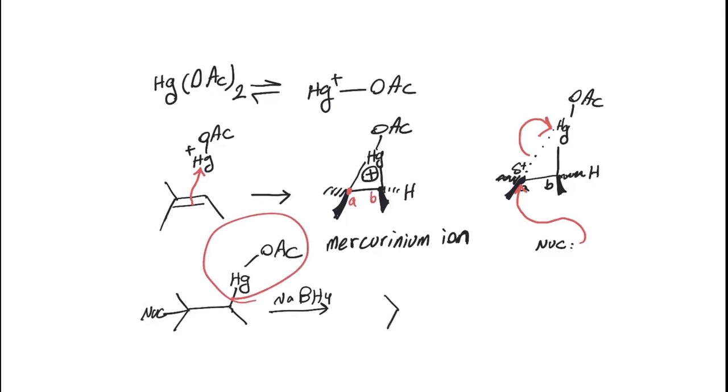We will cover it in Orgo 2, but not now. And this is the product. So as you can see, the mechanism of this reaction is Markovnikov, because eventually we added hydrogen to the sp2 carbon with more hydrogens, and the nucleophile to the sp2 carbon with fewer hydrogens.